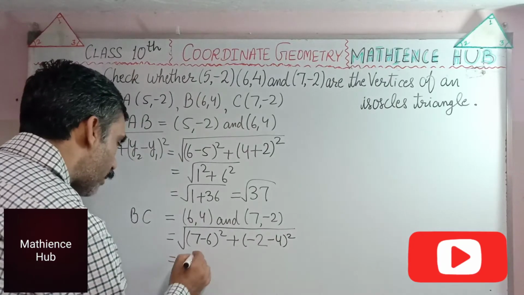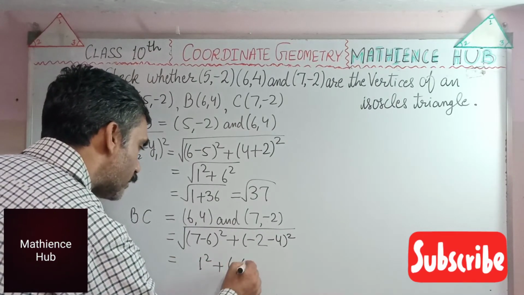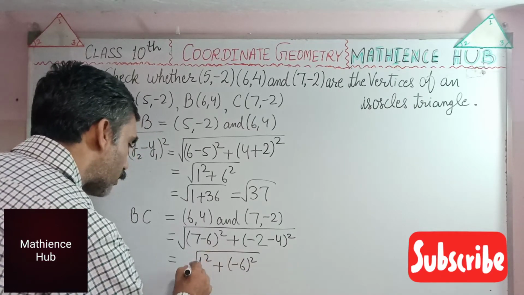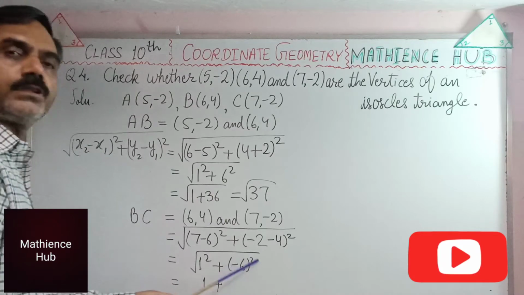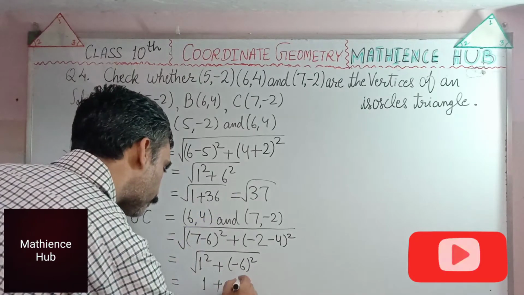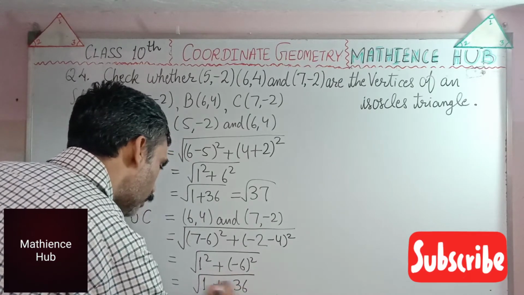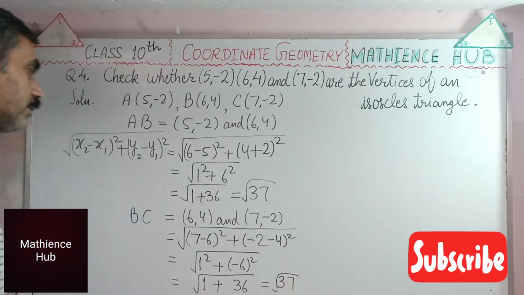We get 7 minus 6 is 1 square, minus 2 minus 4 is minus 6 square. 1 square is 1 and minus 6 square is also 36. 36 plus 1 is 37.